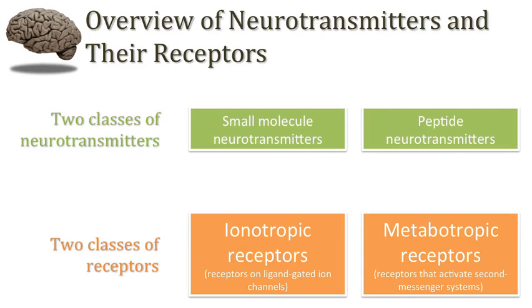So they mediate more slowly evolving and potentially longer lasting synaptic effects. Our small molecule transmitters can interact with both kinds of receptors. Our peptide neurotransmitters, as far as we know, only interact with the metabotropic family of receptors.